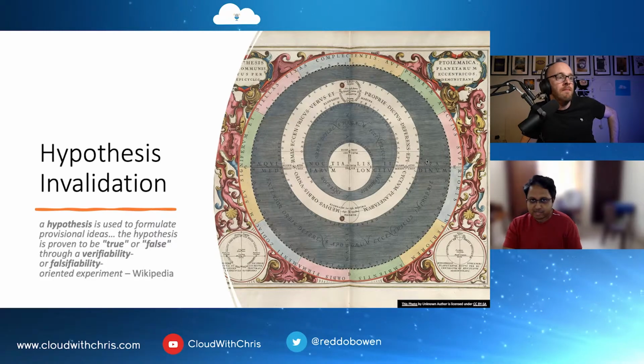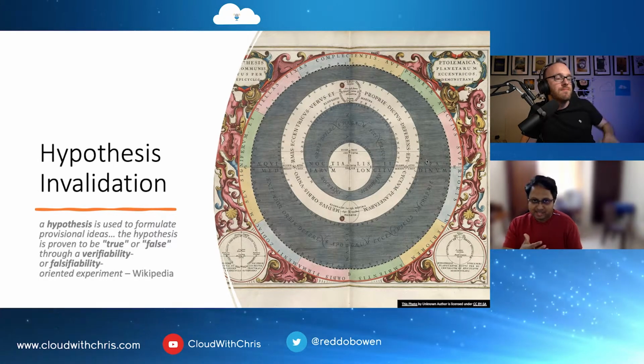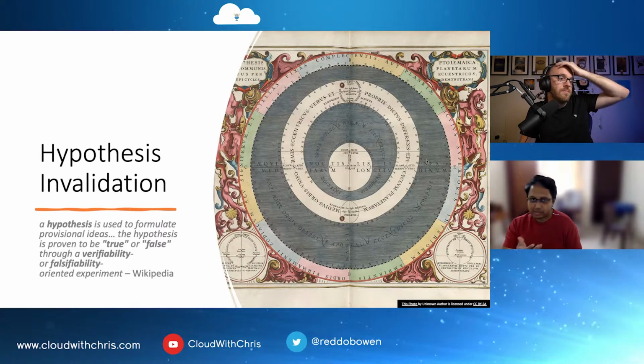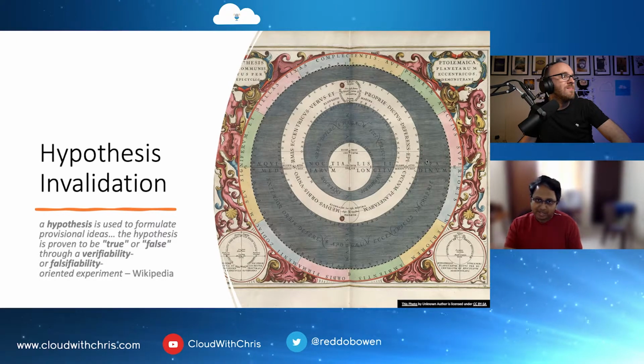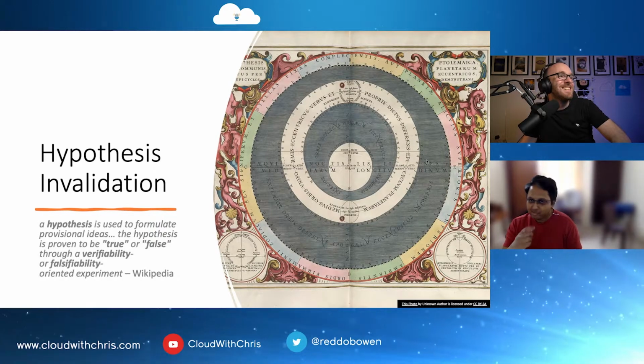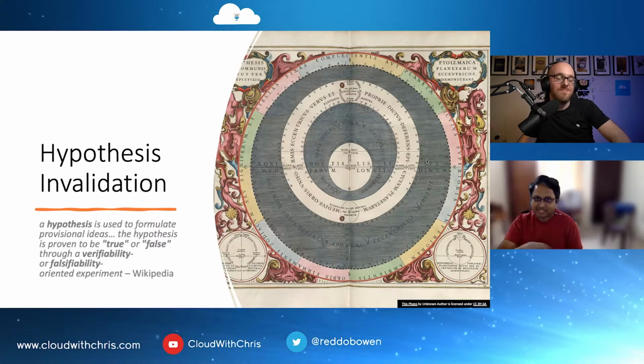A hypothesis has a verifiability aspect and a falsifiability aspect. To take a very simplistic example, if I make a hypothesis that all green apples are sour, and want to prove that, one way is to go eat all the green apples in the world, which is not scalable. Or I could find one green apple that is sweet, and that disproves the entire hypothesis.